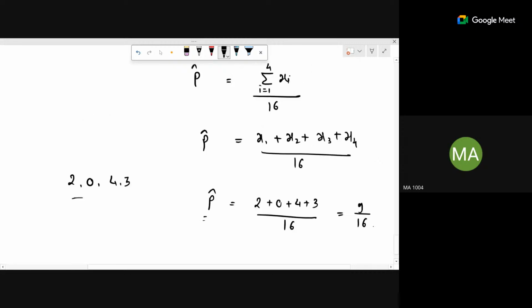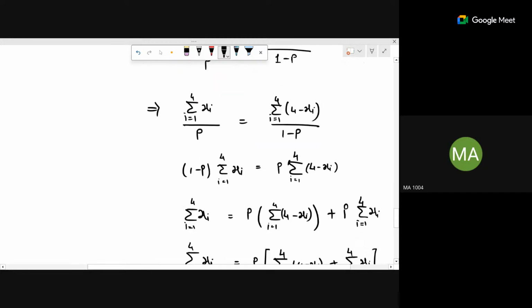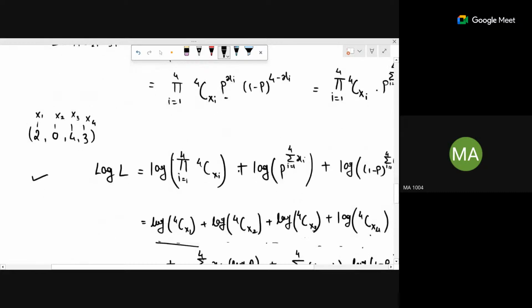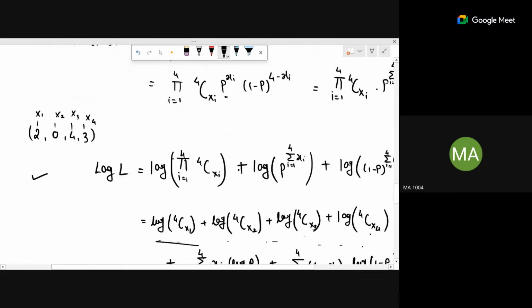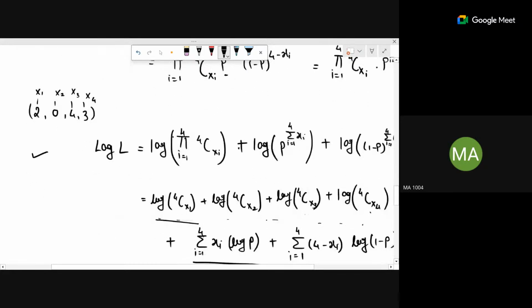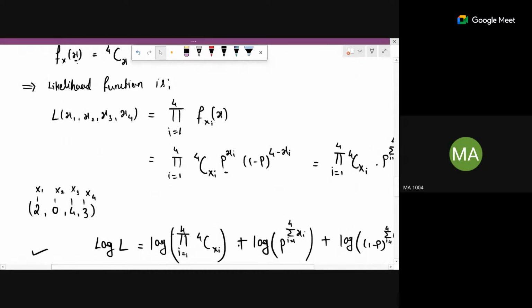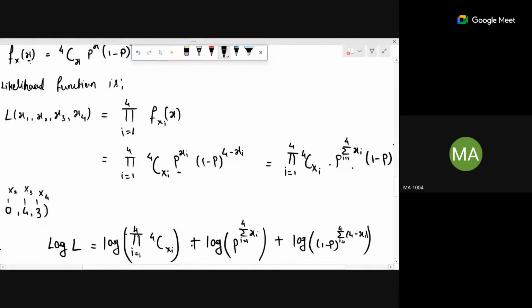So do you understand what we did here? Whenever we solve in general, that gives you confidence that whatever the values are, you will be able to do that. Note one thing: whenever there are constant terms like this, you are very sure that they will end up as constants.